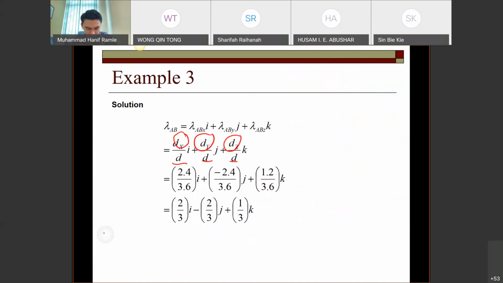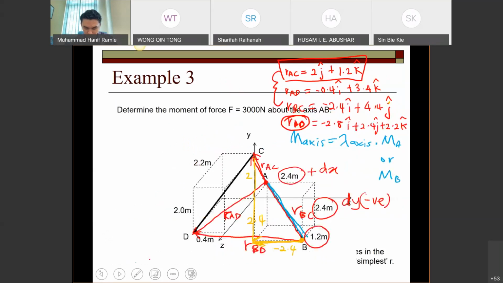And dz is 1.2, which is positive. This is the dz positive. Do you get how I determine positive and negative? Yes. Okay, easy, right? It is only direction.